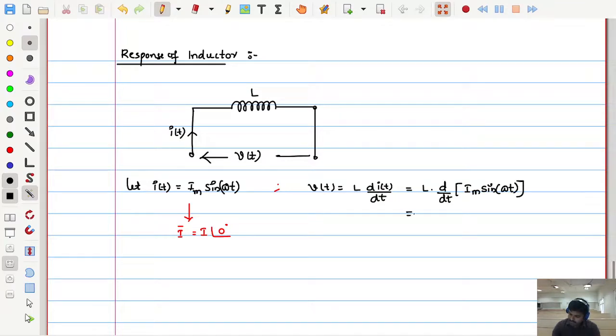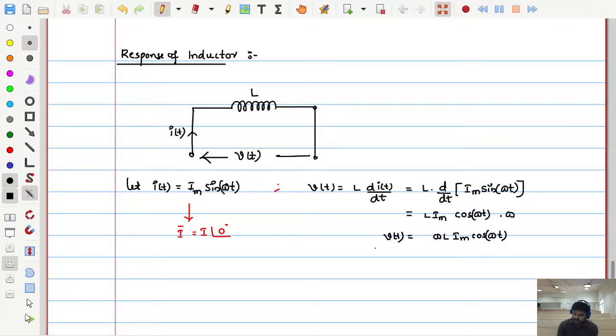How much is the differentiation of sine? L into Im cos omega t. Clear? Is there any other term? Omega. So now I can make it omega L into Im cos omega t. This is the voltage.